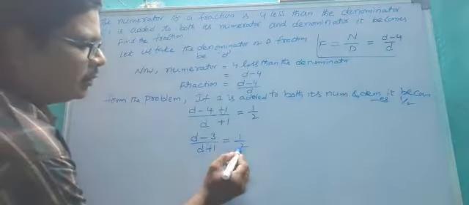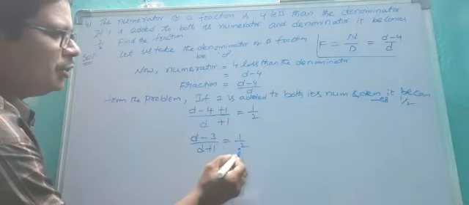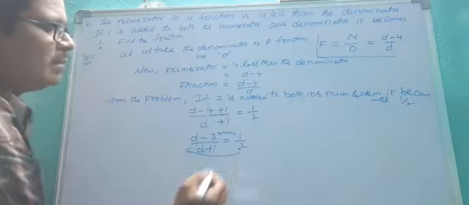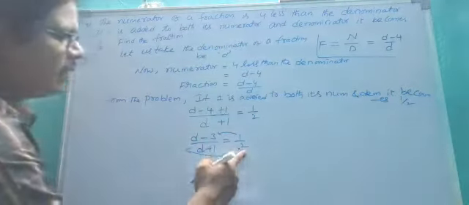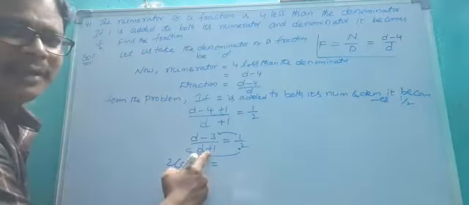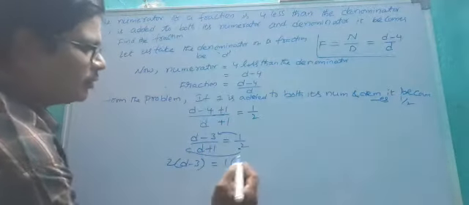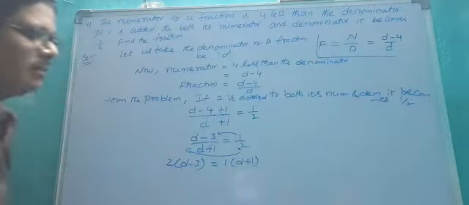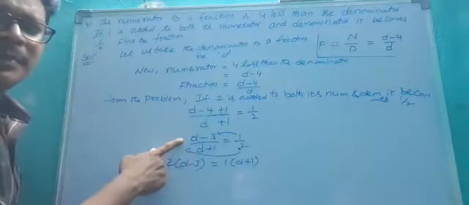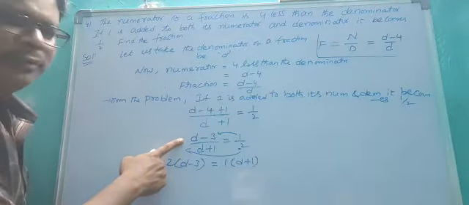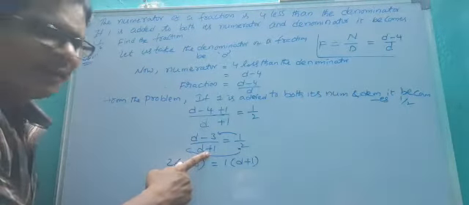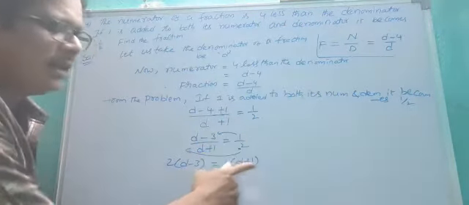So 2 into d minus 3, and 1 into d plus 1. The 2 in the denominator place becomes the numerator after transposition, and d plus 1 in the denominator place becomes the numerator after transposition.